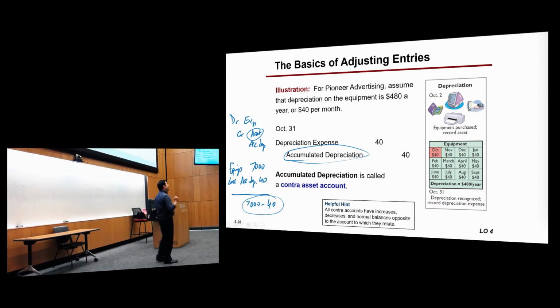Here we cannot credit the asset directly because those assets must be recorded as cost, and the historical cost principle requires us to keep reporting that asset at cost, right?